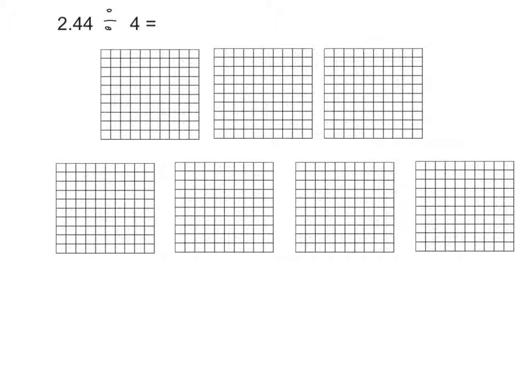Our last example is going to have whole numbers and hundredths. So I'm going to start by shading 2 and 44 hundredths. So I know I have 2 whole grids shaded. And 44 squares, or 4 rows and 4 squares.